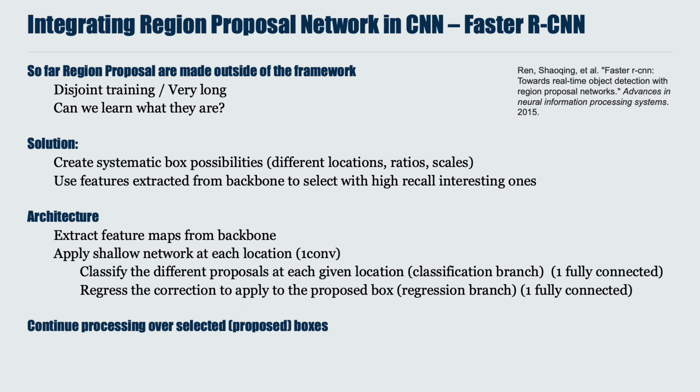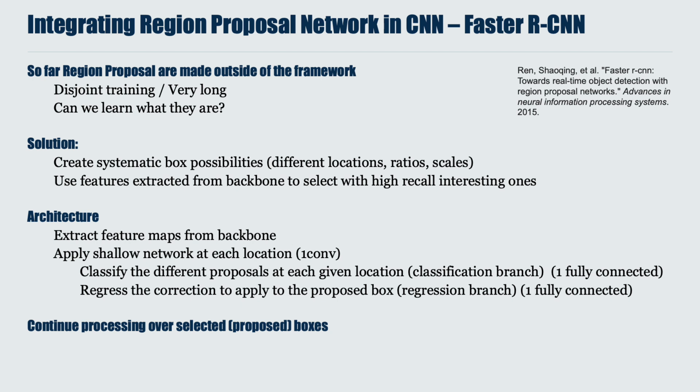So the solution for that is to go slightly back to the proposition of sliding windows by creating very systematic box possibilities with different locations, different ratios, different scales. So here we increase the variability of things that can happen with the different ratios and the scales. And we have a backbone, the CNN, that is extracting the features, and those will be used to try to select with high recall the interesting boxes, the interesting proposals.